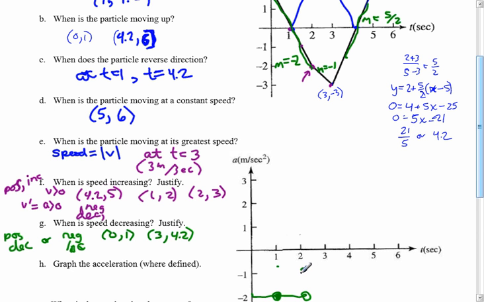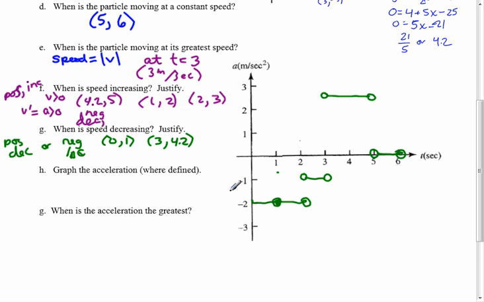Then from 2 to 3, our slope changes. From 3 all the way to 5, our slope is 5/2, or 2.5. So maybe about up here, 3 to 5. And at the end, it's not moving anywhere, so it's not accelerating.